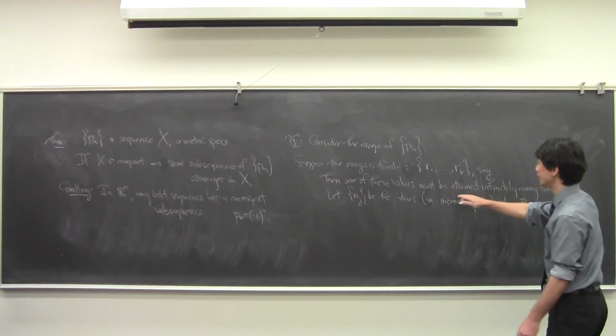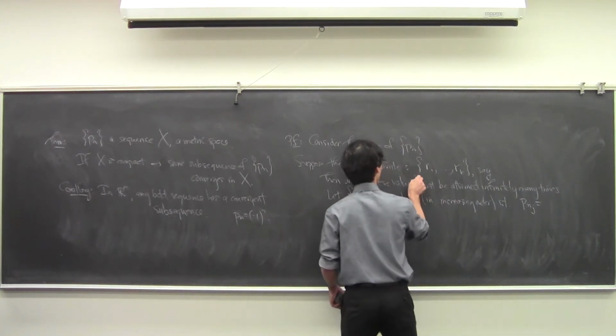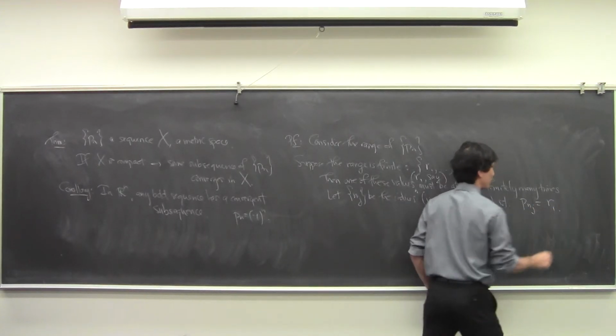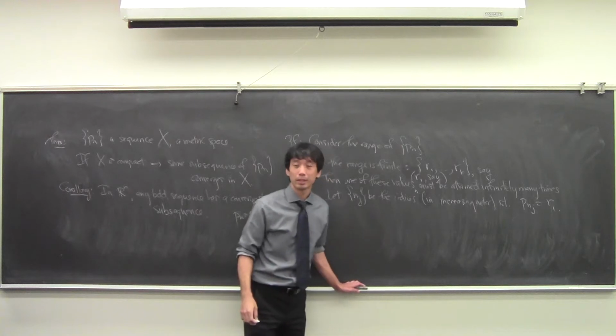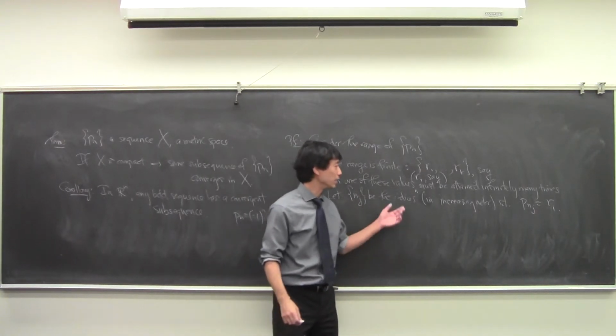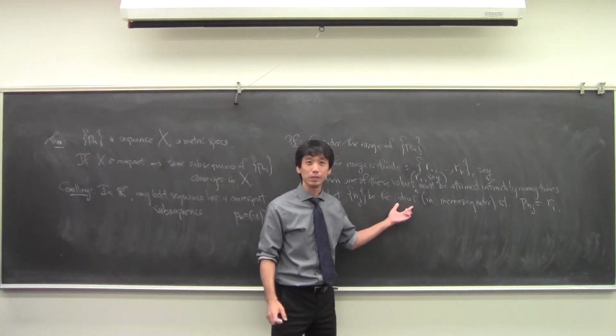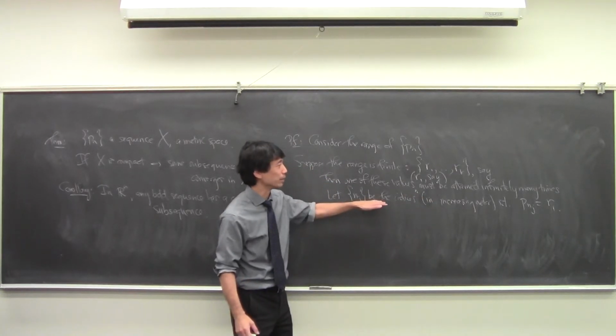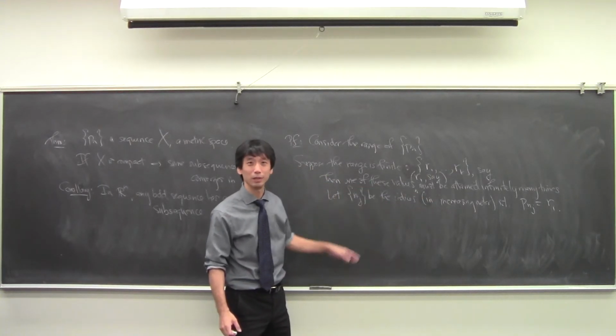Let's say one of these values, say R1, must have been hit infinitely many times. Well, just choose all the indices where you attain that value, and then that will be your convergent sequence because it's a constant sequence.